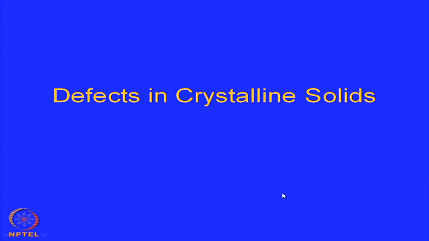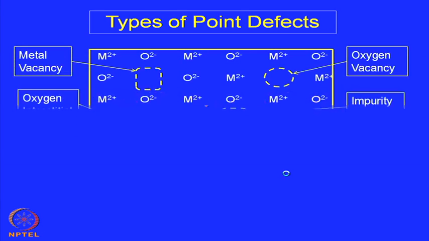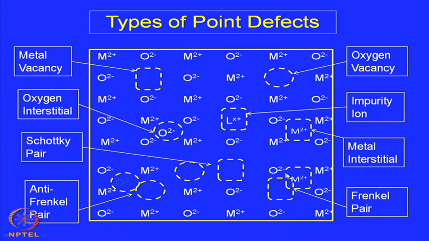So, they are primarily restricted to either an individual lattice point or a couple of different types of lattice points. So, that is what we are going to discuss today, the defects, and these defects are really called point defects because they are restricted to points, lattice points.